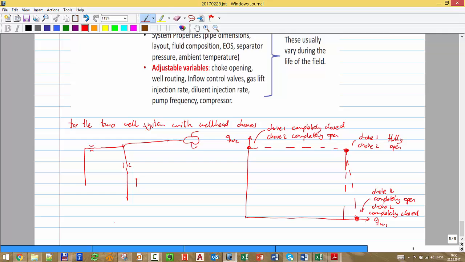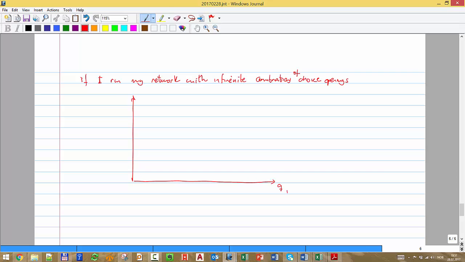All of those rates, okay, if I run my network with infinite choke openings, or with infinite combinations of choke openings, okay, I will get the following: Q1, Q2, okay, we'll get these 3 points initially, 1, 2, and 3, okay, and I will get a region, okay.